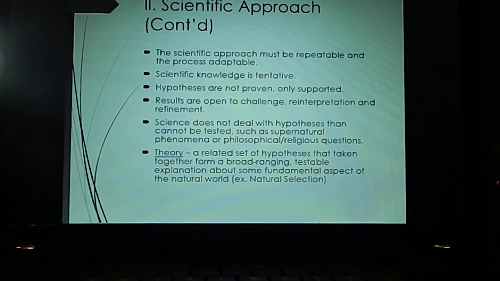It's only supported. Now, in 1492, the world was flat, and that was the best scientific knowledge at the time. And so the hypothesis was that if you sailed to the end of the horizon, you'd fall off the earth.